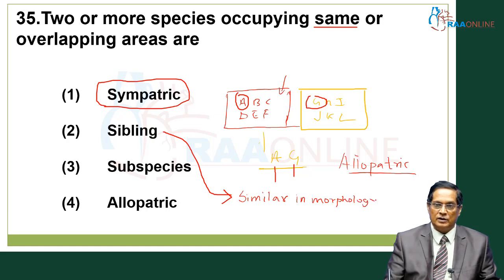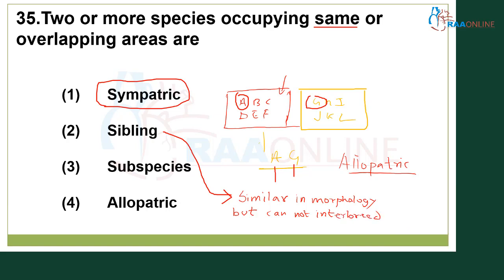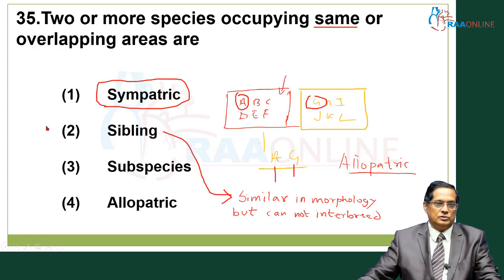Similar in morphology but cannot interbreed. They are called siblings. So, here the answer is sympatric.